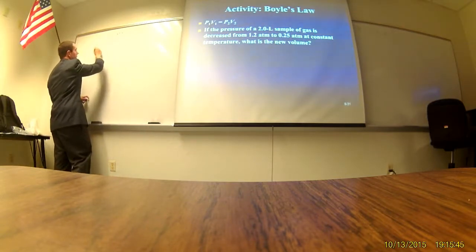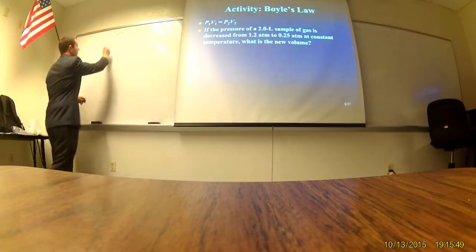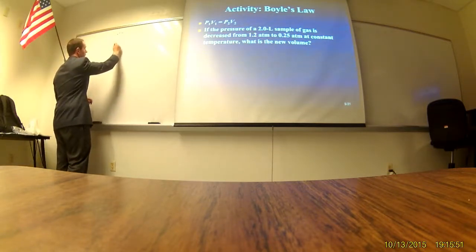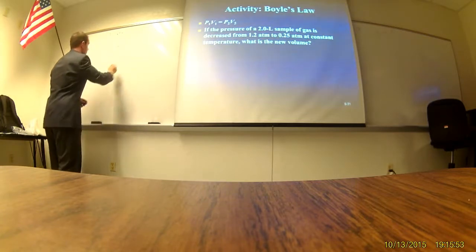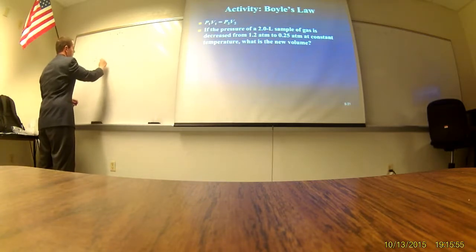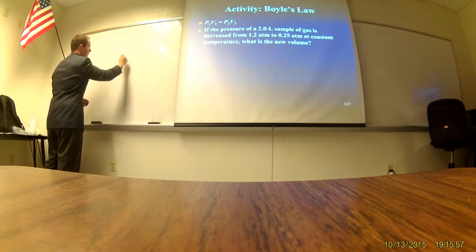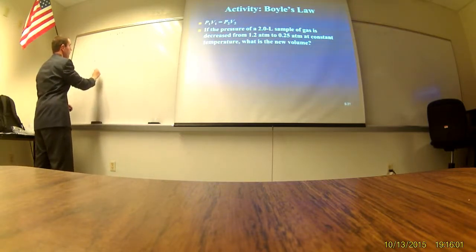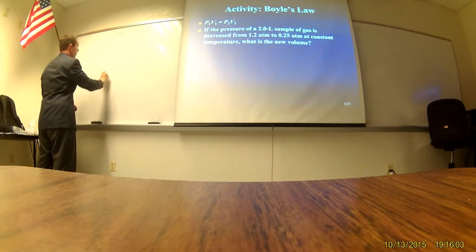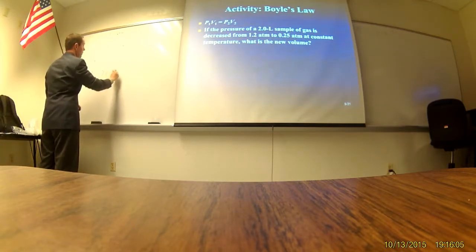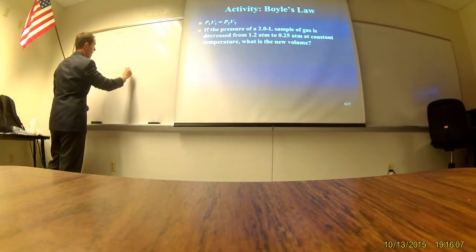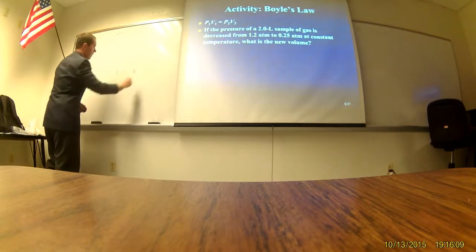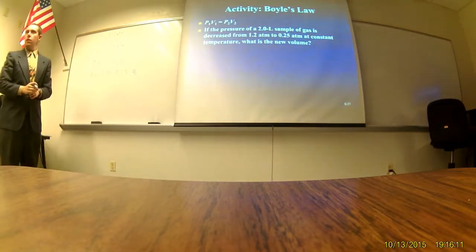What is P2? 0.25 atmospheres. So we have P1 V1 equals P2 V2. All we have to do is plug them in. 1.2 times 2.0 equals 0.25 times V2. And you solve for V2.